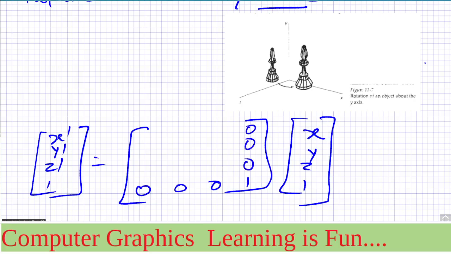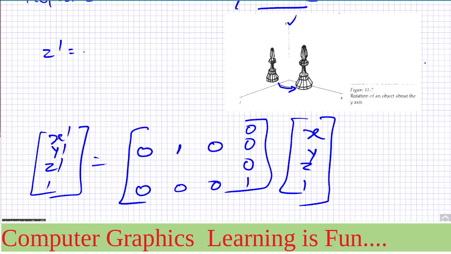Y is constant, so I believe this row is for the constant. Y comes here, so this is 1 and these places are 0, if I am correct. Then y is constant, it is moving from z to x. In that case, what will z dash be?